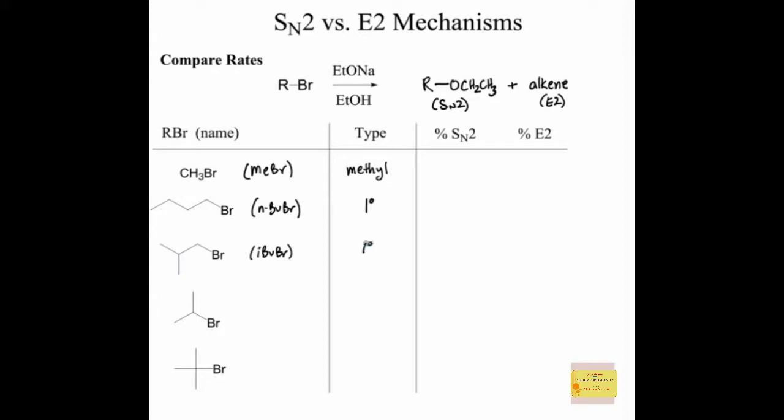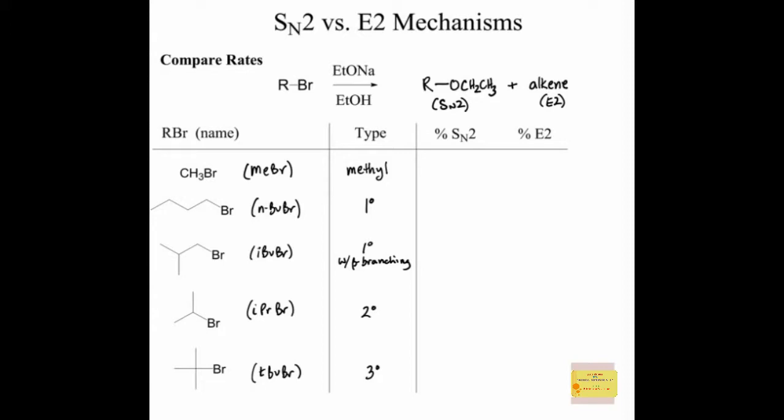So let's call this primary with beta branching. Okay, the second one, this 3 carbon arrangement with the attachment at the middle carbon, that's the isopropyl group. So this is isopropyl bromide, an example of a secondary carbon bearing the leaving group. And then once again, we come back to good old tert-butyl bromide. Tert-butyl bromide is just kind of a classic example of a tertiary carbon bearing a leaving group.